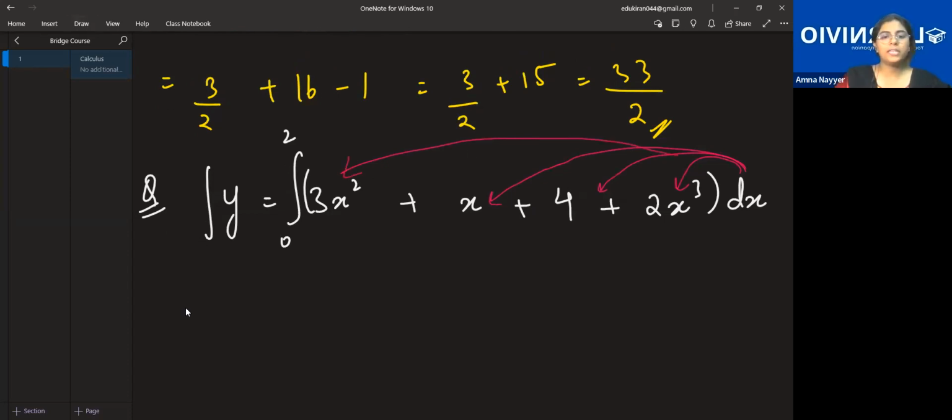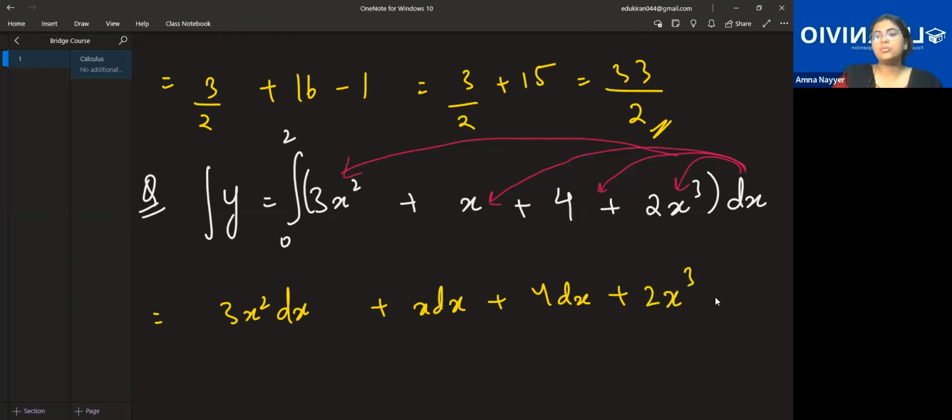The equation will be 3x square dx plus x dx plus 4 dx, not just 4. Now this is not 4 that you can just write 0 and eliminate. This will be something plus 2x cube dx. This entire term we are integrating from 0 to 2.